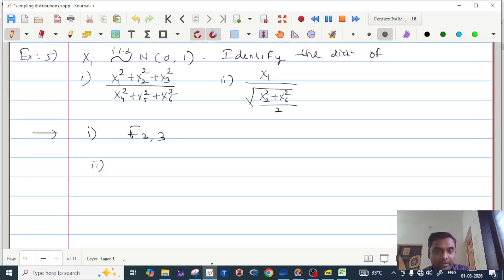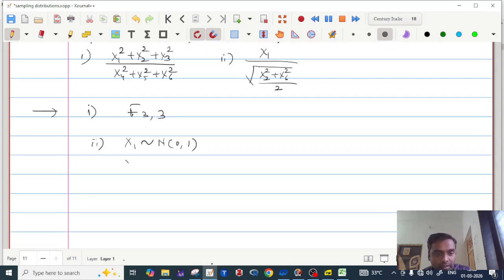Let's solve the second one. X1 follows normal 0, 1. X2 follows normal 0, 1, so x2 square is chi-square 1. X6 follows normal 0, 1, its square is chi-square 1.